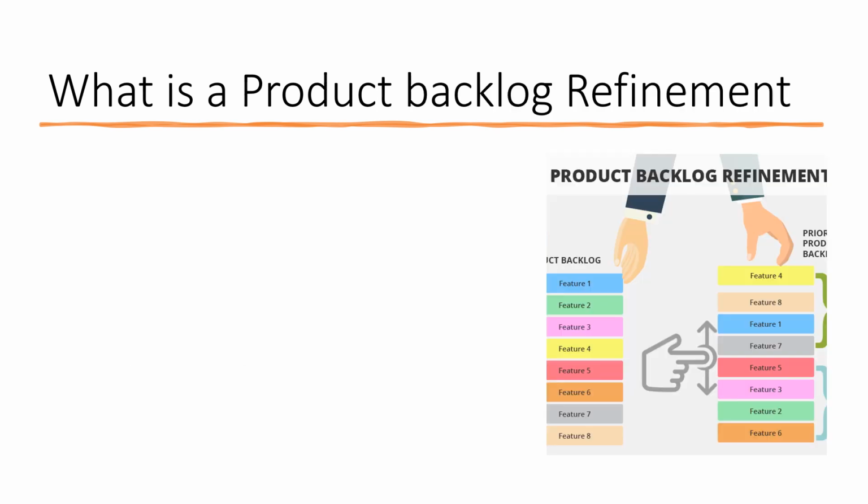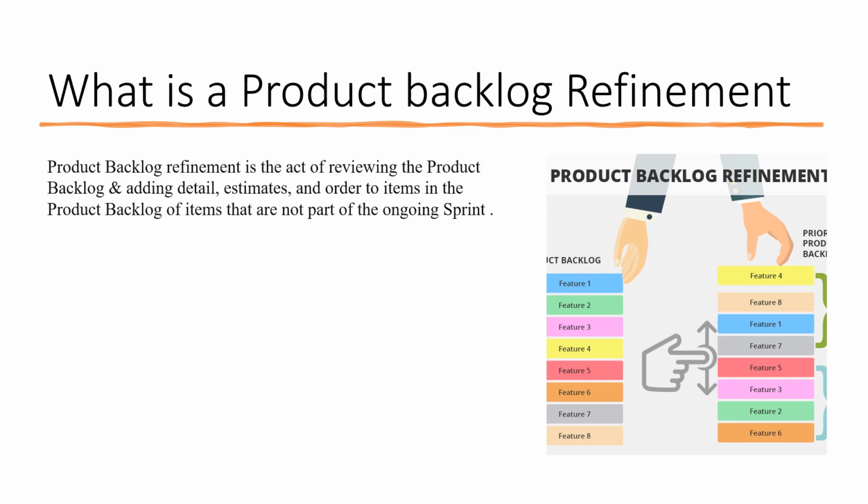What is product backlog refinement? Product backlog refinement is the act of reviewing the product backlog items to make them clearer, adding more detail, making them more estimable, and ordering the items that are really needed in the market in the product backlog.